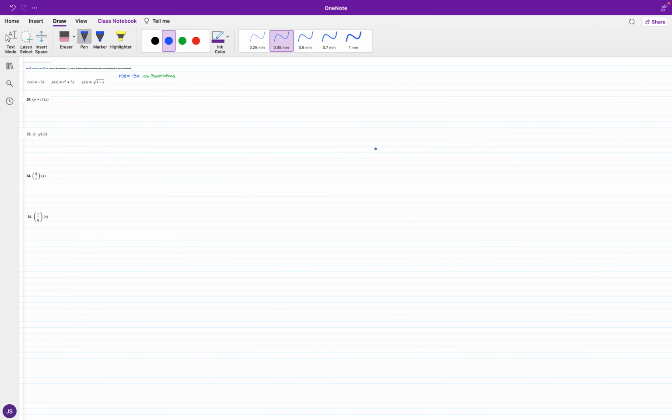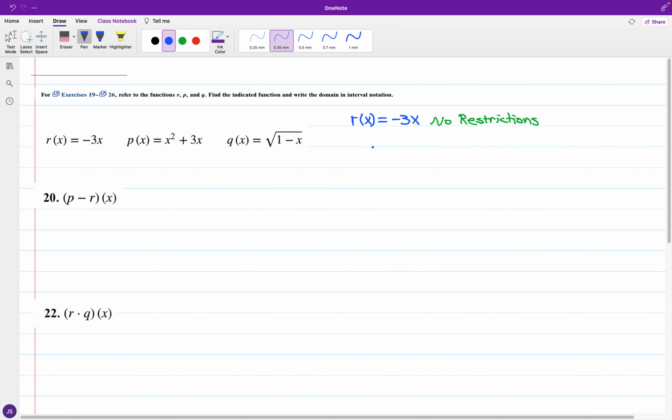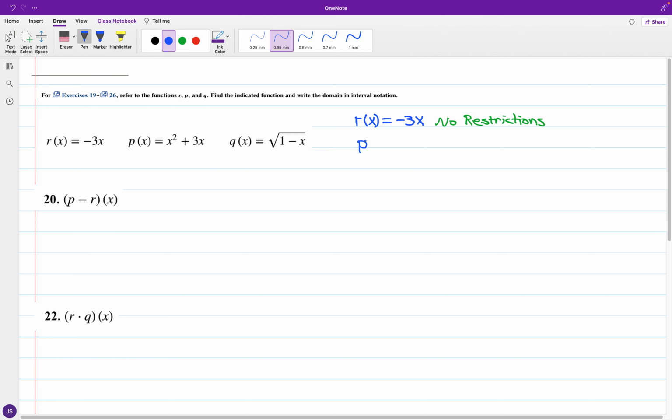And for p of x, equal to x squared plus 3x, again, we have direct terms, no even root radical, no fraction. So like r of x, it can have x be 0, positive, or negative throughout.